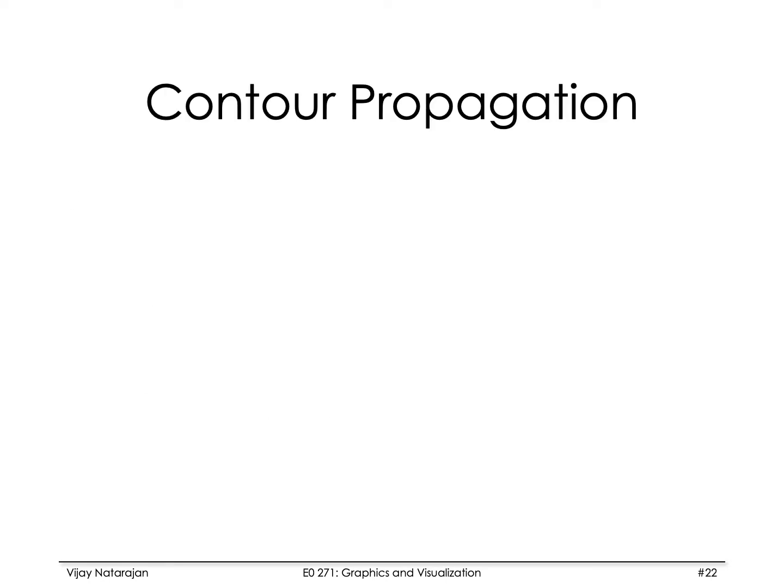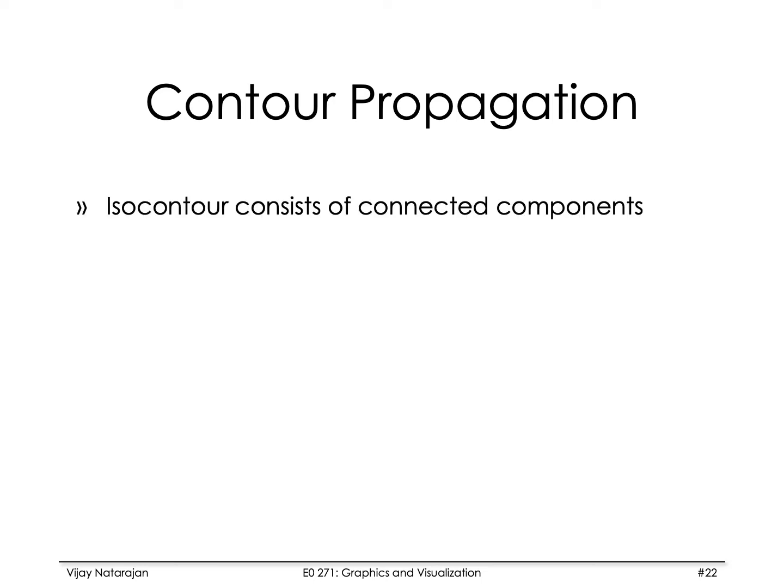Let's begin our discussion on contour propagation. The key observation is that an isosurface consists of connected components. I'm going to illustrate this using an example in 2D. So we have a 2D scalar function and we talk about iso contours that are one-dimensional.